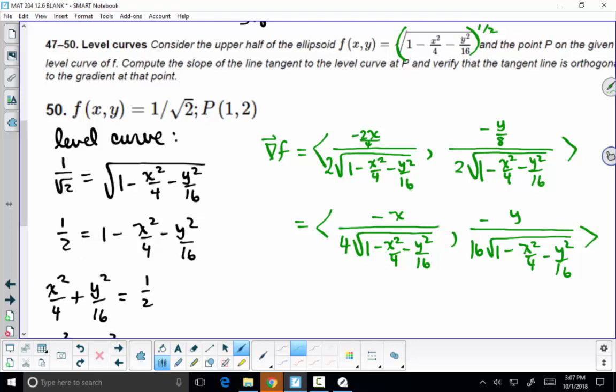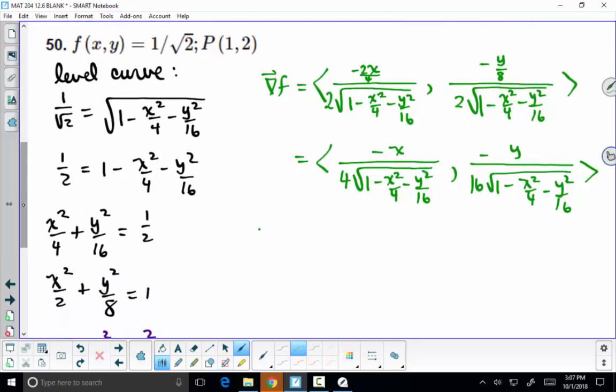Now we want the gradient evaluated at P. So the gradient at P, which is (1, 2). All right, let's see if we can plug in this correctly. Inside the square root, we have 1 minus a quarter minus a quarter. So it's 1 minus a half, so it's the square root of 1/2.